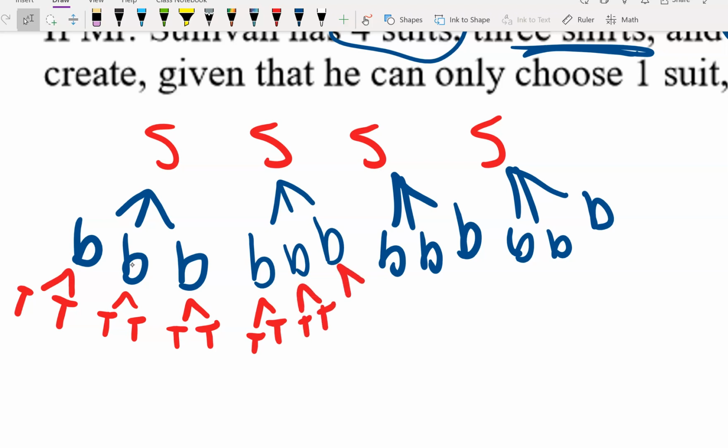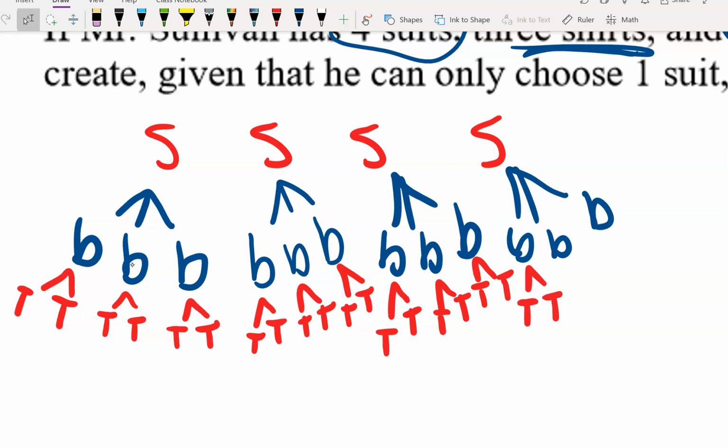Probably shouldn't call them blouses. He probably wouldn't like that, but that's okay. So 2 ties off of each shirt. It's a little tedious drawing these tree diagrams. You might remember these from geometry.